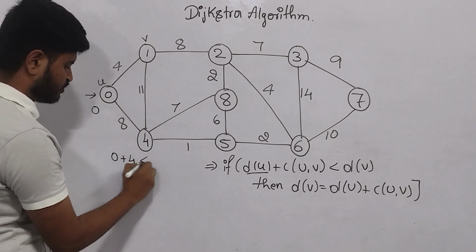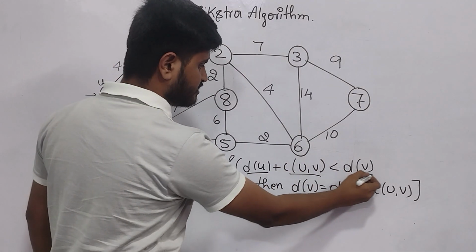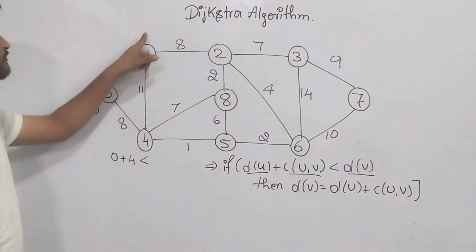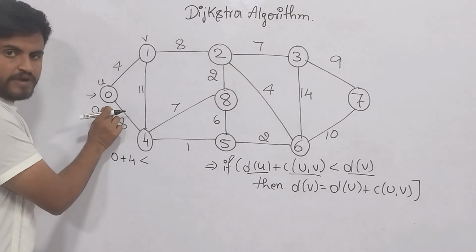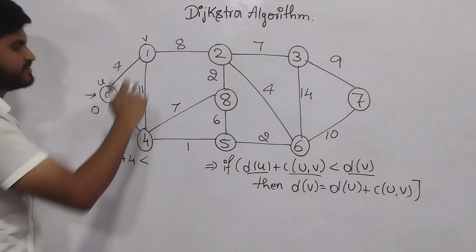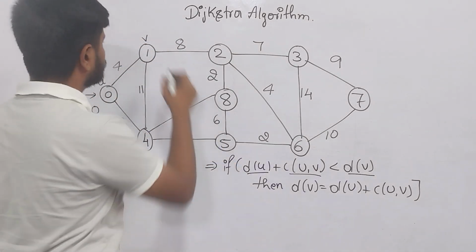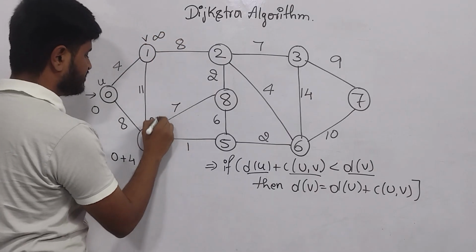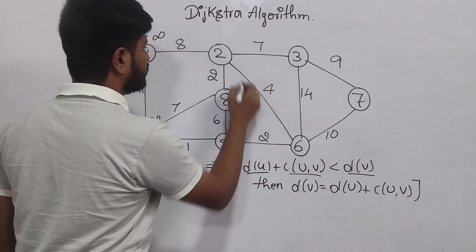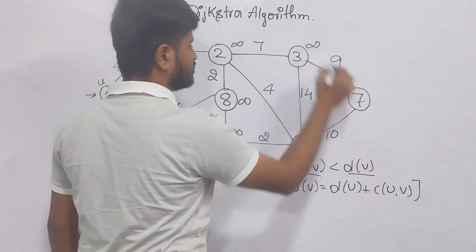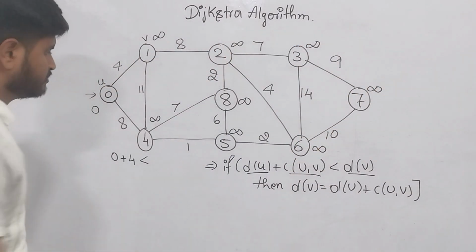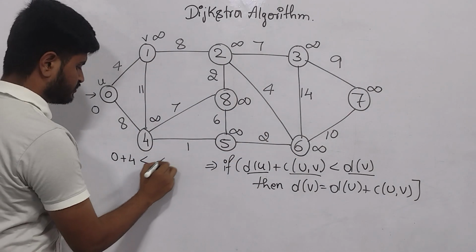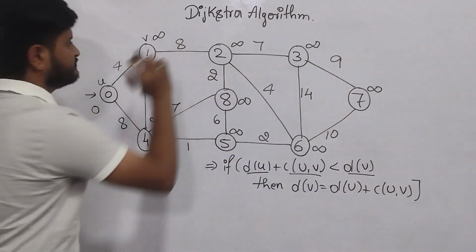So 0 plus 4 must be less than d of v. d of v we don't know. The source node value will be 0 and all others we don't know at the starting. So what should we do? We should write infinity for all the nodes. Since I don't know the value, I put infinity. So d of v value is infinity.